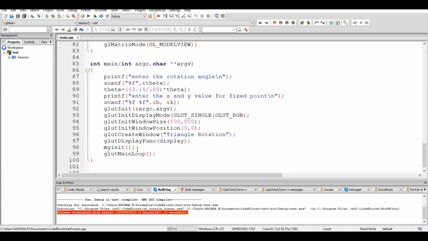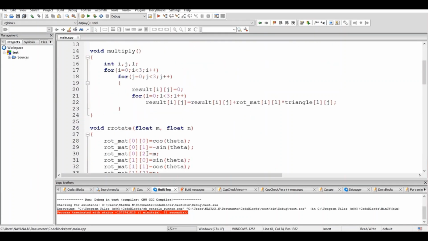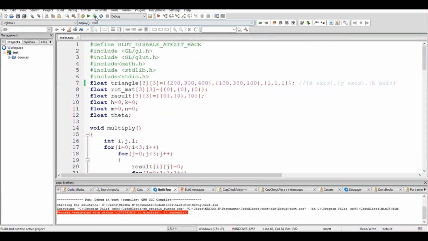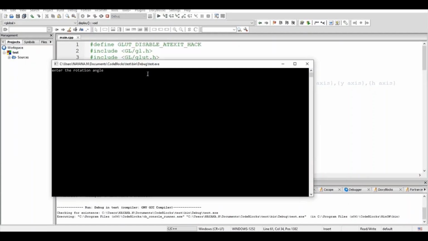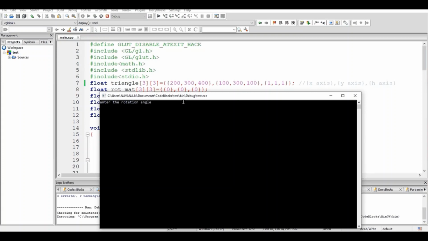So this, guys, is the OpenGL program to rotate the object around the origin as well as around the fixed point. Now see, I'll give it as 45, then 200, and then 100.